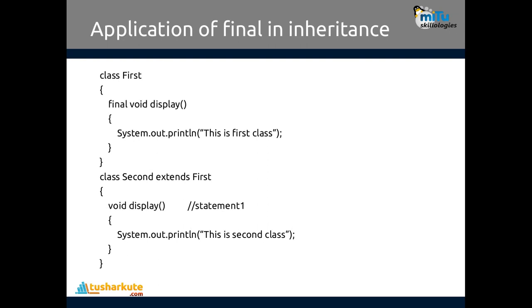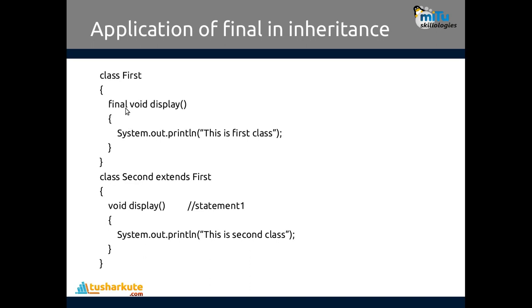So two classes I have declared here, first class and second class, which is inherited from the first class. In this way they are connected. The first class contains a display method, the second class contains a display method, and it is overridden. So the display method I am overriding from the first class in the second class. And what I have added here, you can check this, is final.